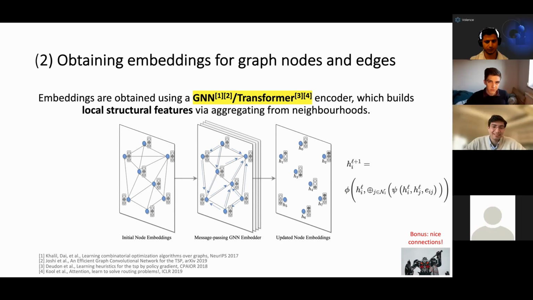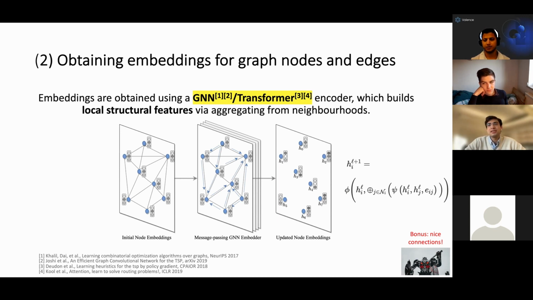Yeah, I think Dominique also has a question. So can you always represent these kinds of combinatorial optimization problems in the form of a graph? In which cases does the graph representation work well for combinatorial optimization, and in which cases does it not? Right.